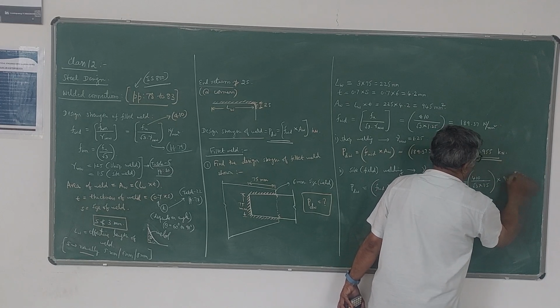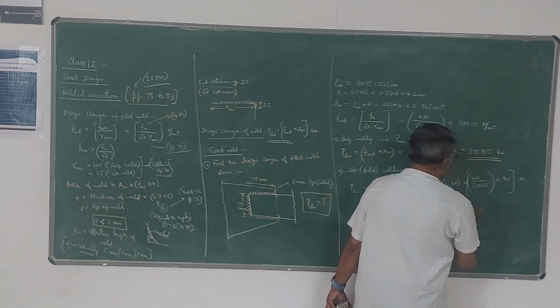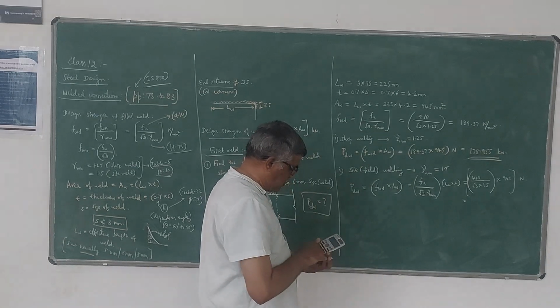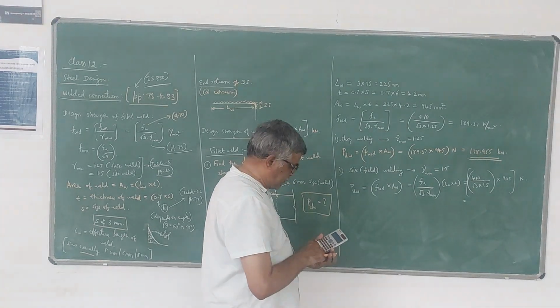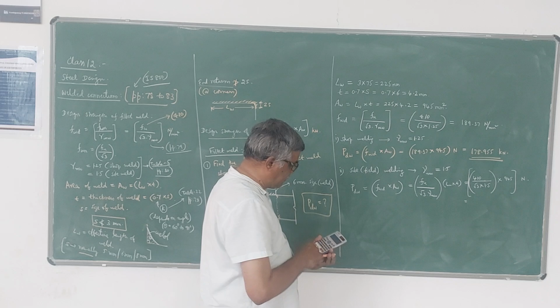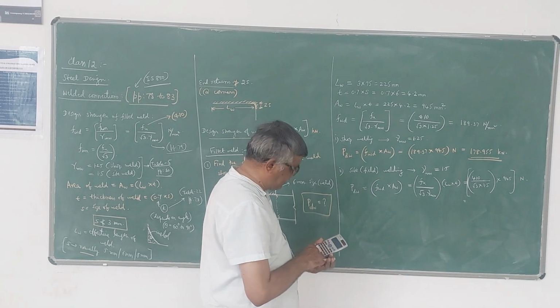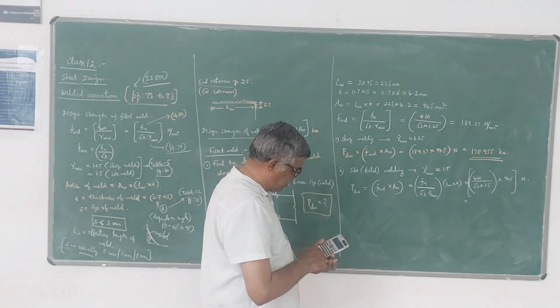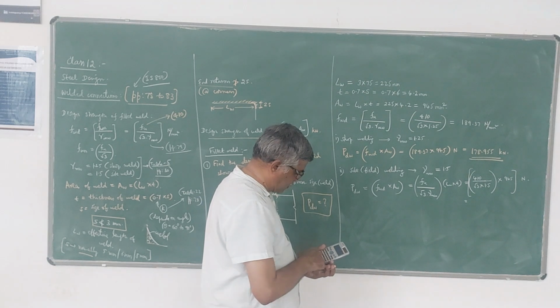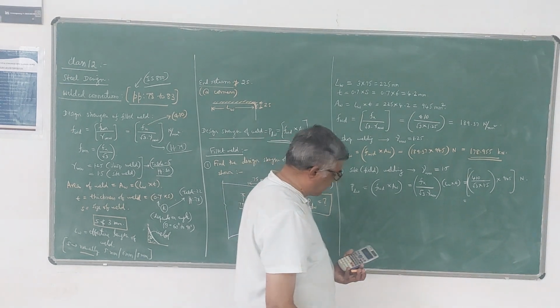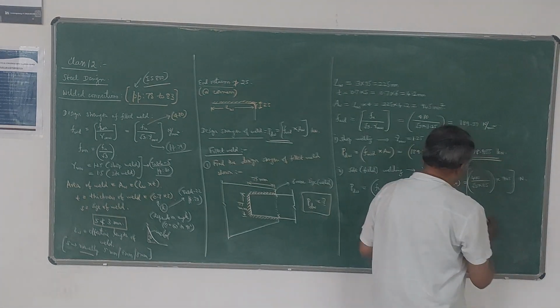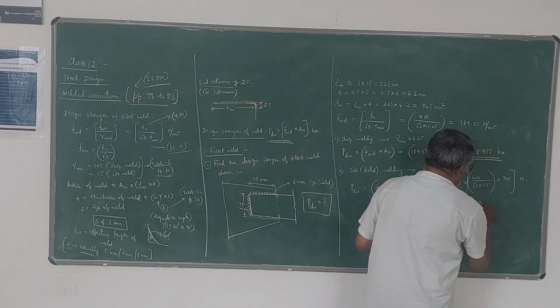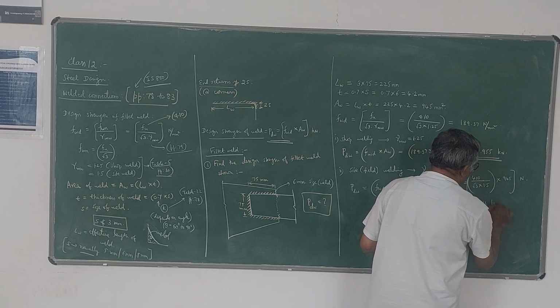Once again, this will be in newtons. You can convert it into kilonewtons. So 410 into 945 divided by 1.5 divided by root 3 is 149.13 kilonewtons.